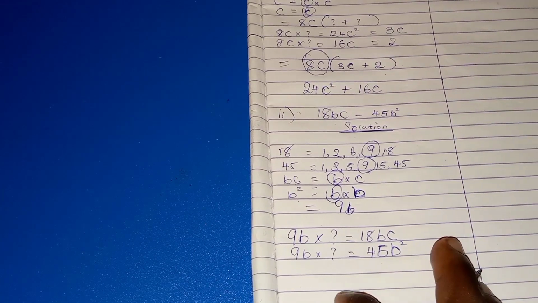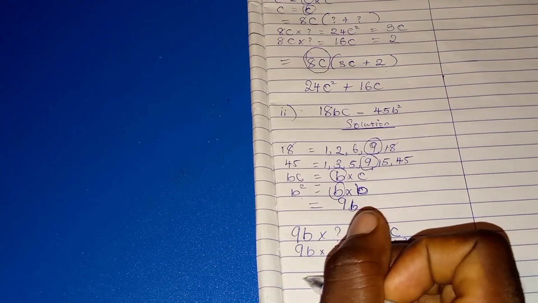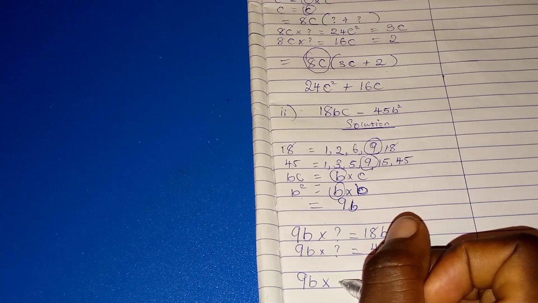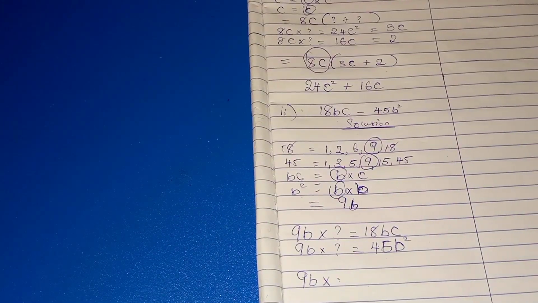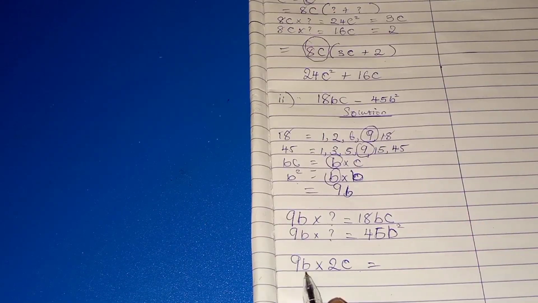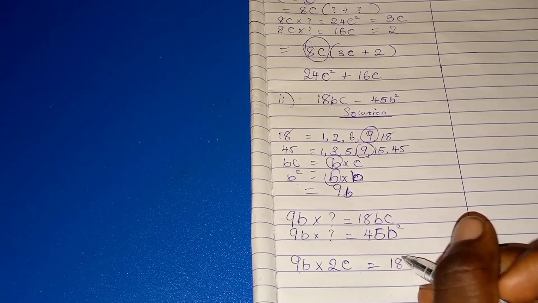I know by now you might have gotten the actual answer. 9B would multiply 2C, because we know 9 times 2 is 18.